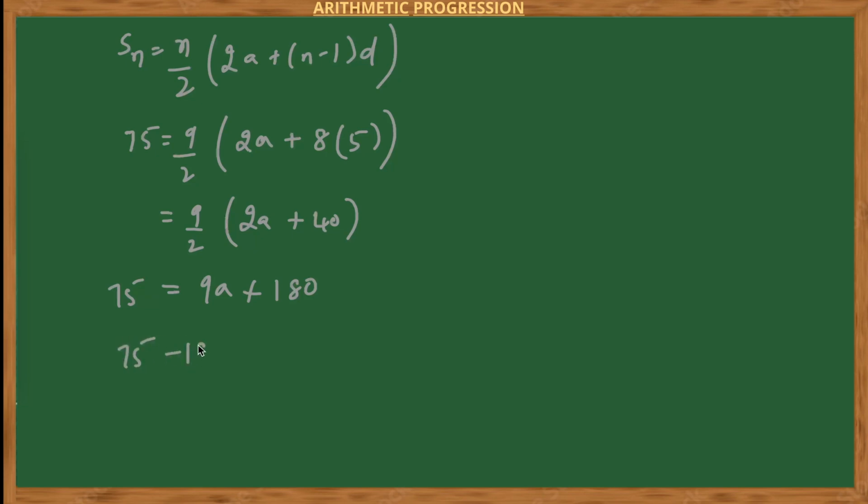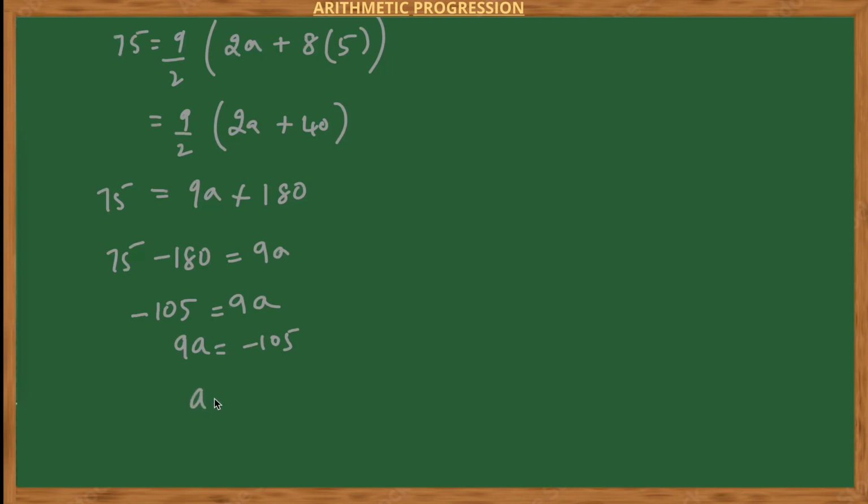Let's bring minus 180 here, is equal to 9a. So 75 minus 180 becomes minus 105 is equal to 9a. Let's swap it: 9a is equal to minus 105.